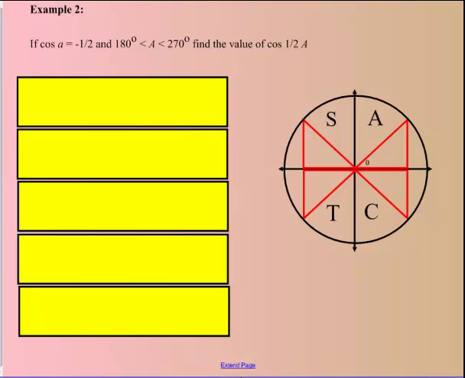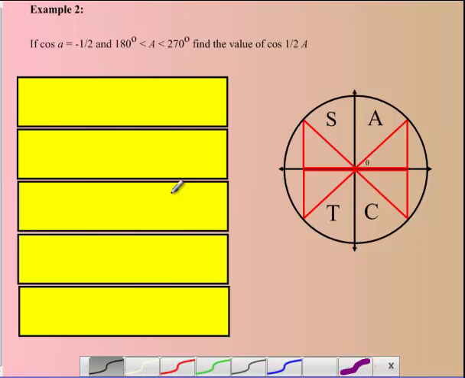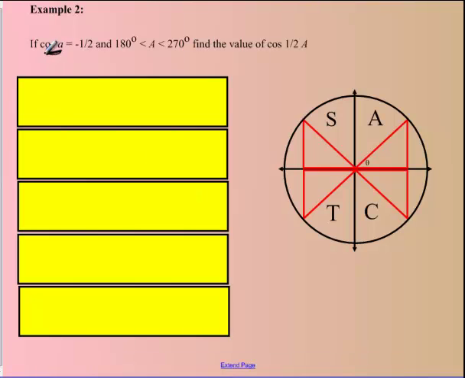All right, on to the little more aggressive example 2. They're telling me, as I read this problem, that the cosine of A is a -1/2. That means every time I see the cosine of A, I'm going to replace it with a -1/2. And then they give me a little more information here. They tell me that my original angle A is between 180 and 270.